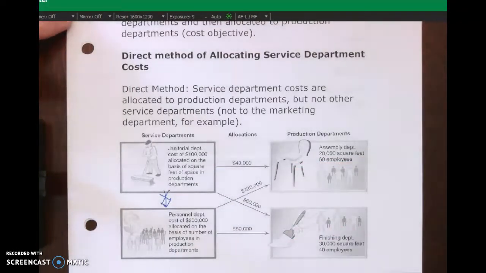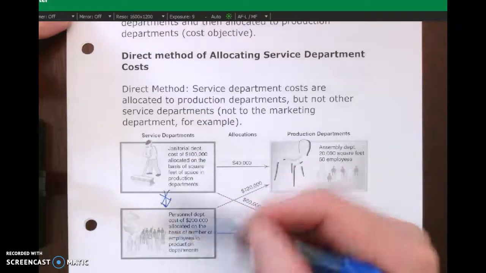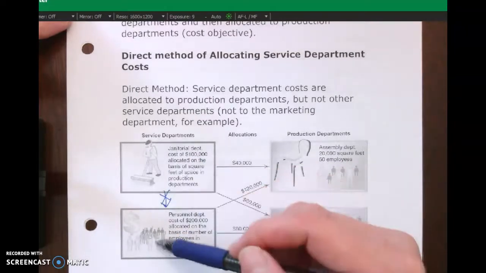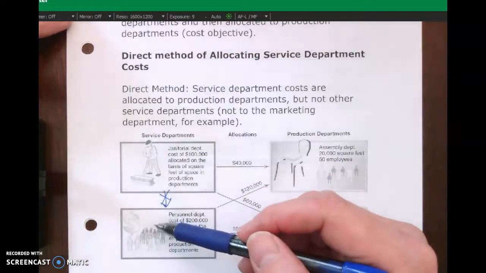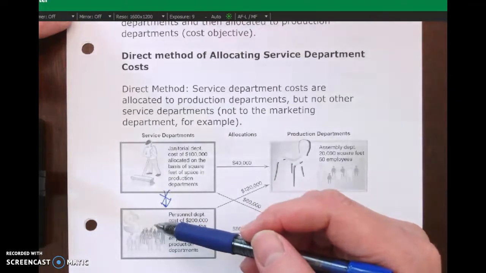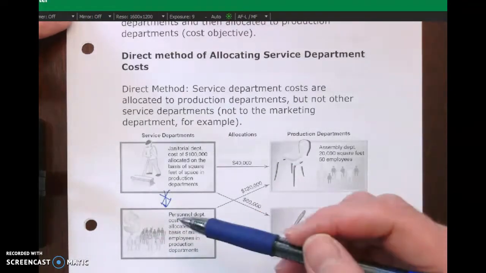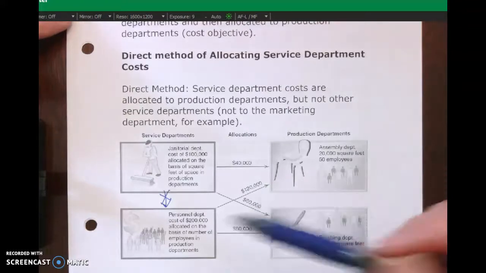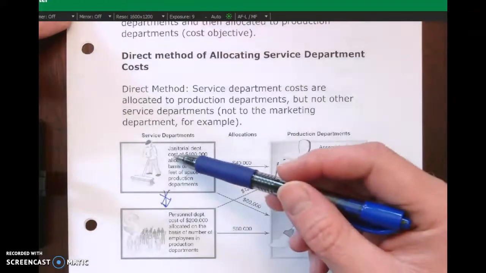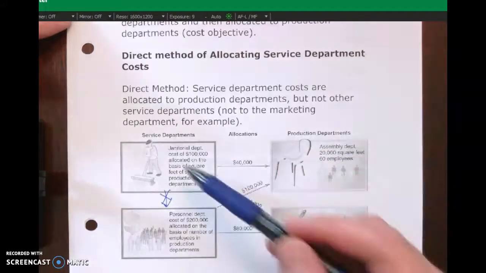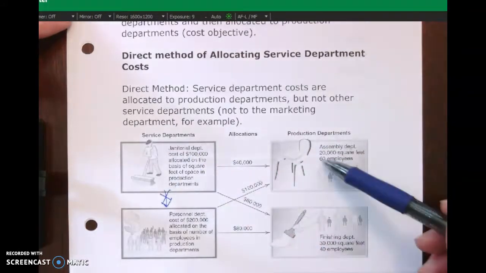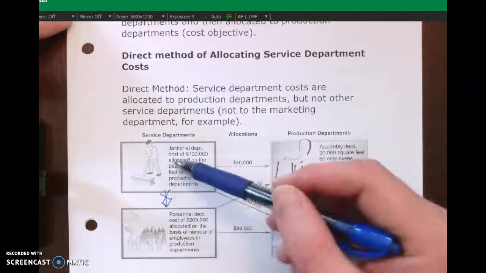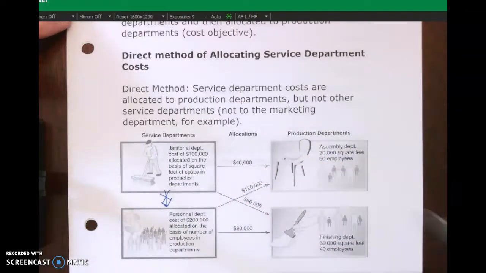There are other methods called the step method and the reciprocal method, which do account for this relationship between service departments. That would be addressed in a higher level cost accounting class. In this course, which is more of an introduction to managerial accounting, we're just reviewing the direct method, which says service to production, not service to service.